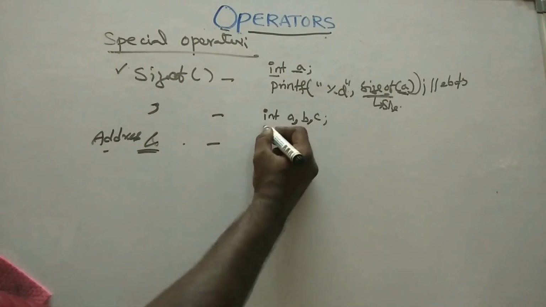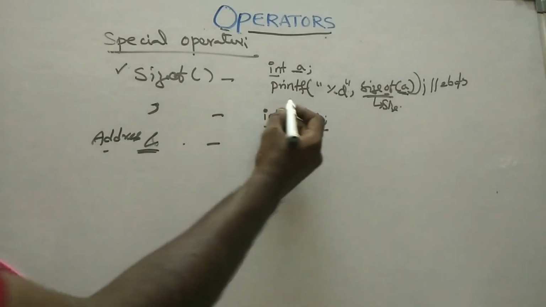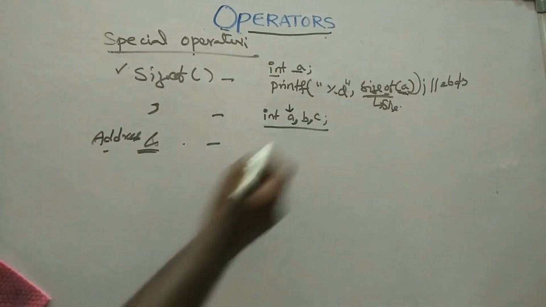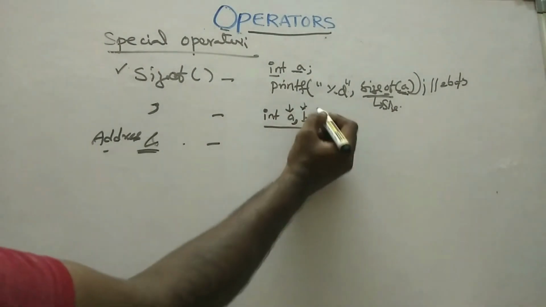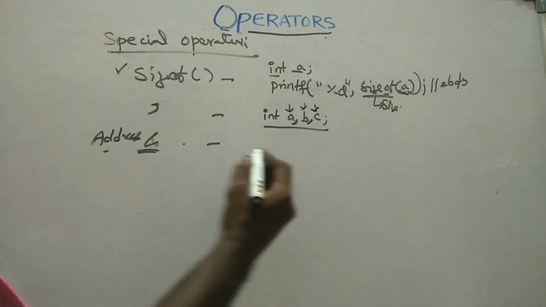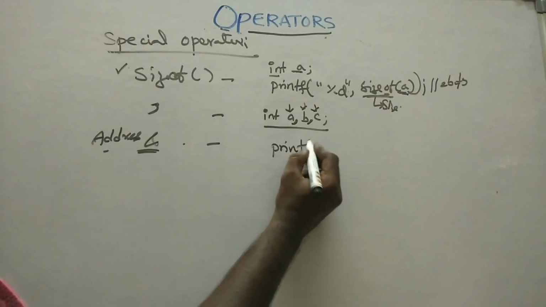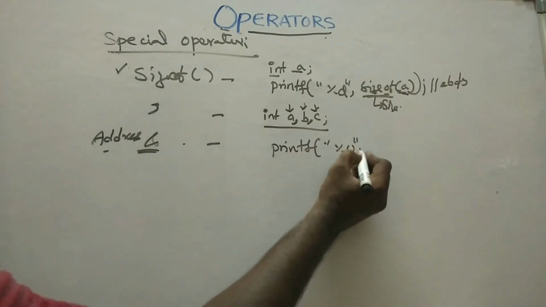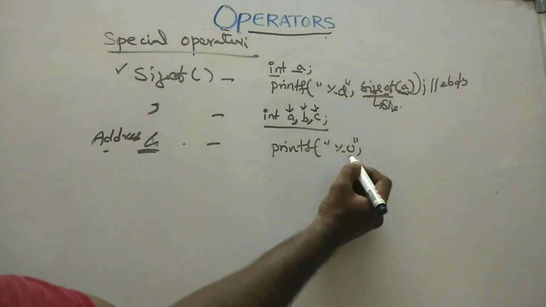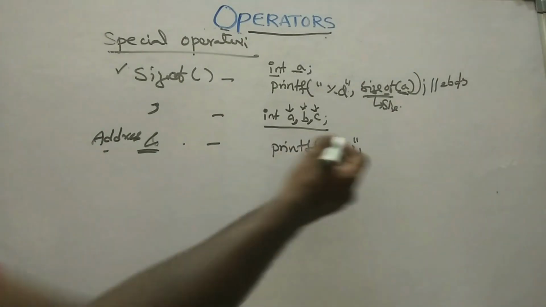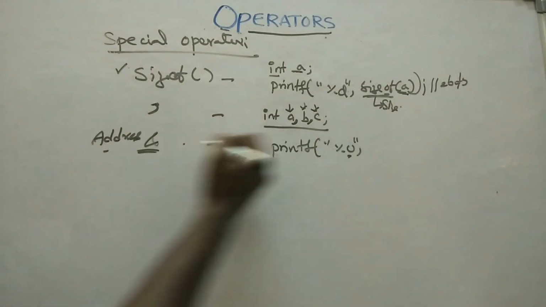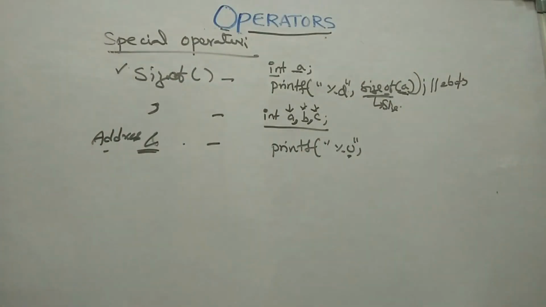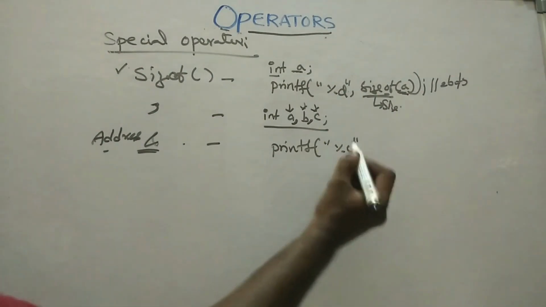Here I have declared 3 variables, right? Where will the variable a be stored, where will variable b be stored, where will variable c be stored? Then I want to display them with printf and %u. Why use unsigned? Because %u is for unsigned integer, and the address location is always greater than the size of an integer. That's why I use %u.